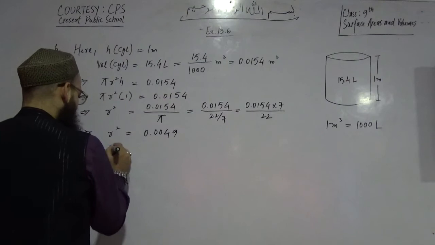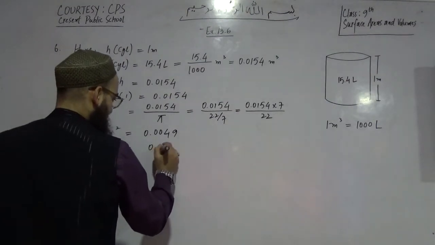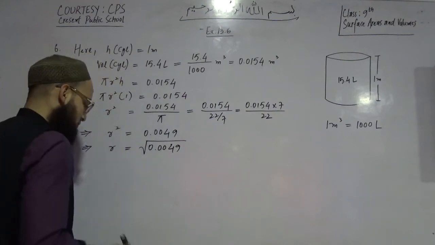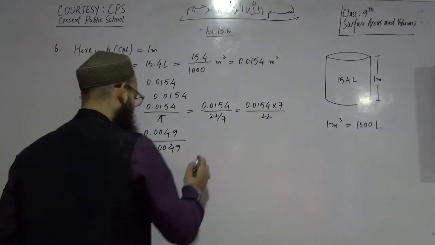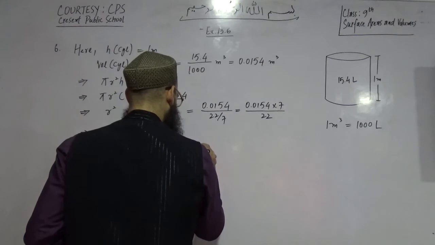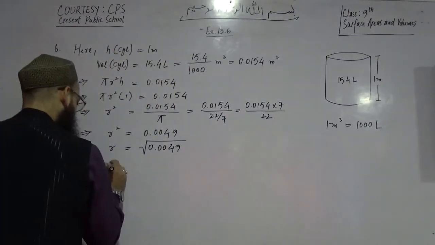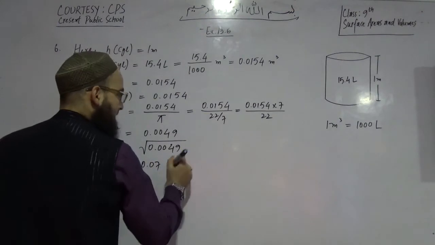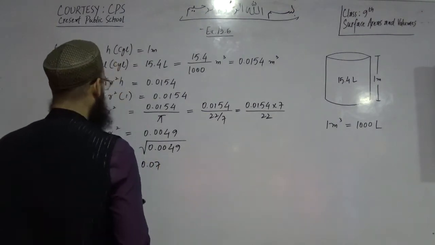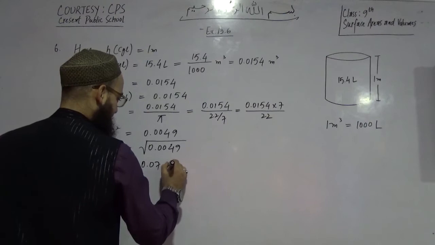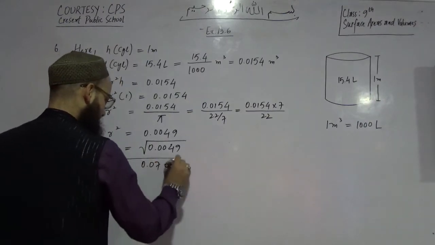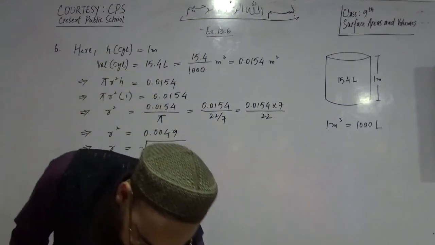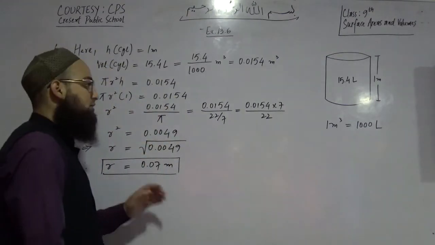Then you'll get r as square root of 0.0049. Therefore r is equal to 0.07 meter. This is your radius. So you got your radius.